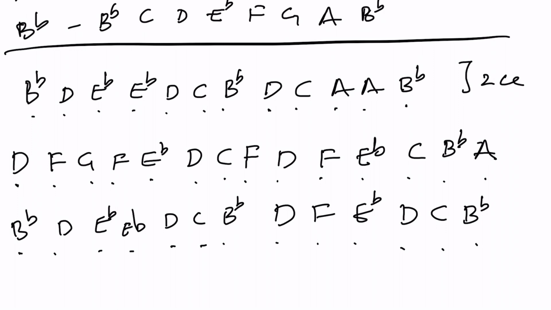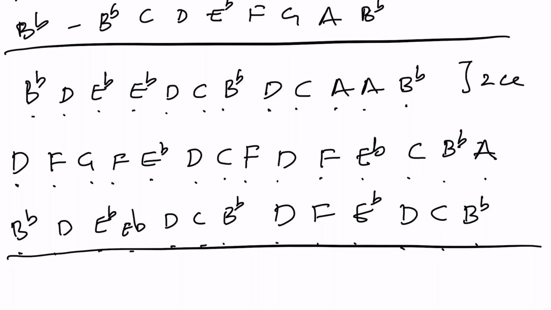Okay, now having done that, this is the very interesting part of this whole process. Now let's pick out the notes that have some kind of flat or sharp, if any. We see that we have B flat, E flat.